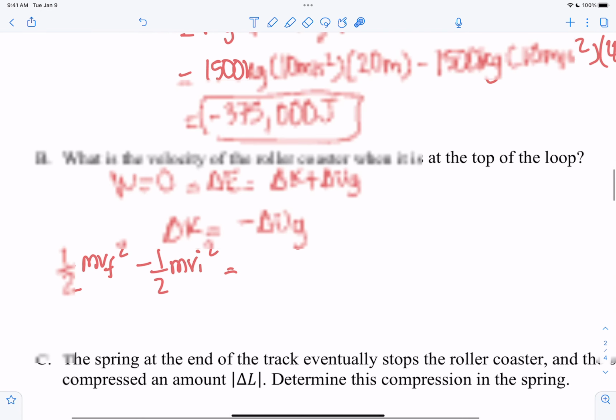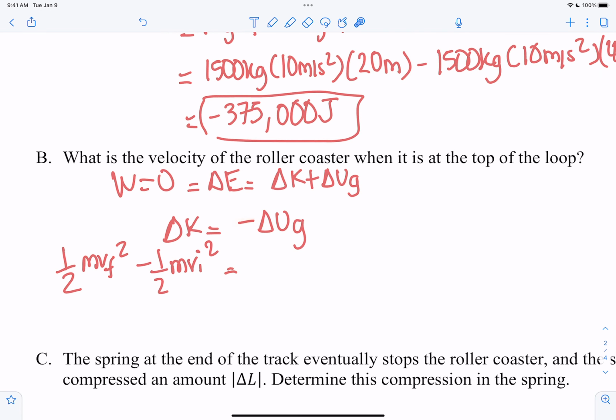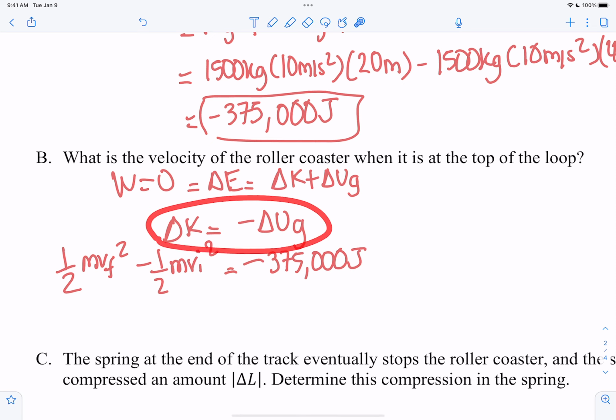If we're integrating direction in this equation, this part right here is denoting that there's a decrease for our gravitational potential energy. So this negative sign denotes decrease, and that's a decrease of 375,000 joules. That's what this is saying here.